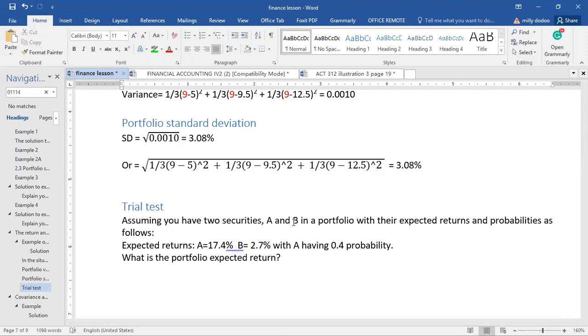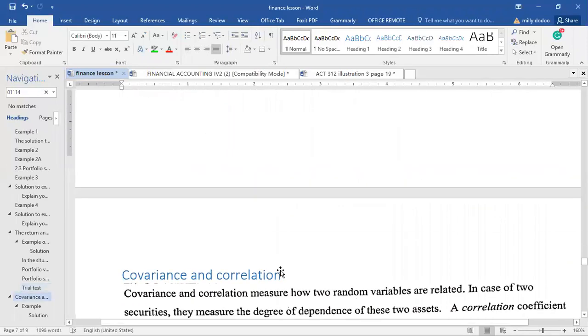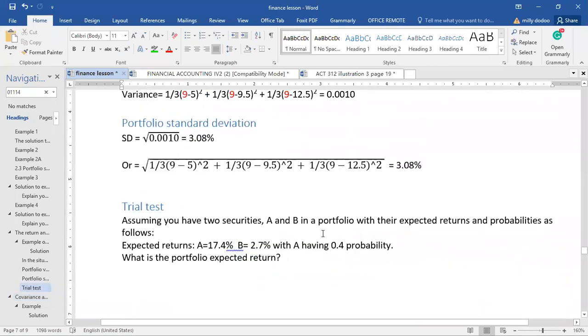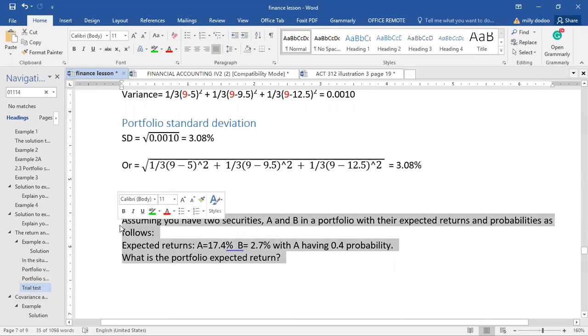You discuss among yourselves, and we'll come back exactly at 11:15 to continue the second run of today's lesson in business finance. In the second round, we are going to be looking at covariance and correlation. So before then, you will discuss among yourselves and get an answer for this question.